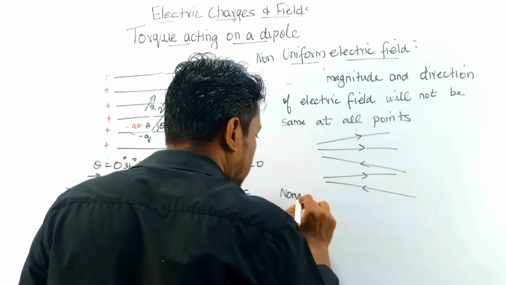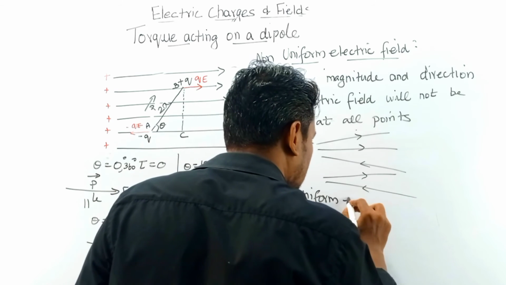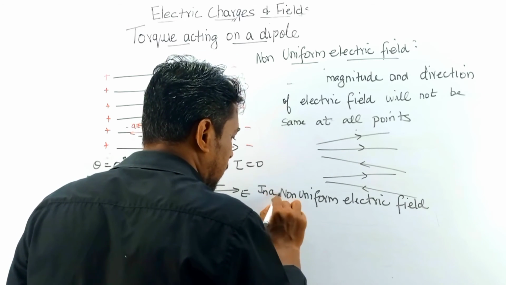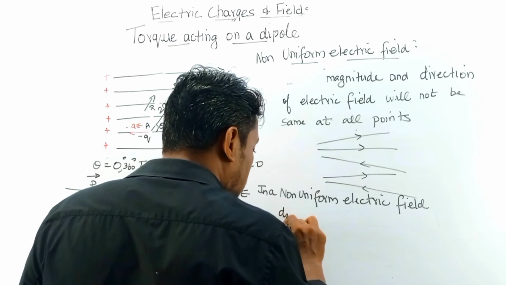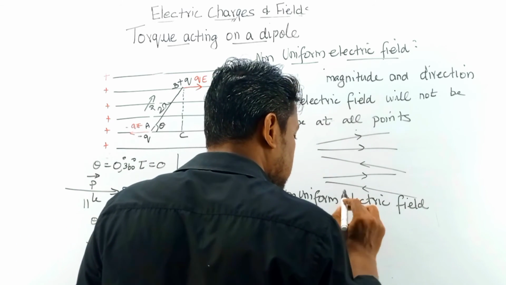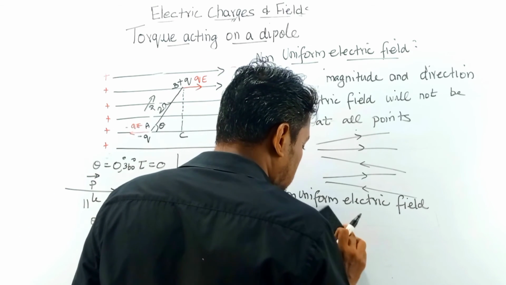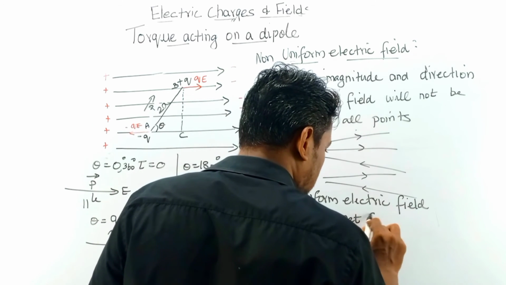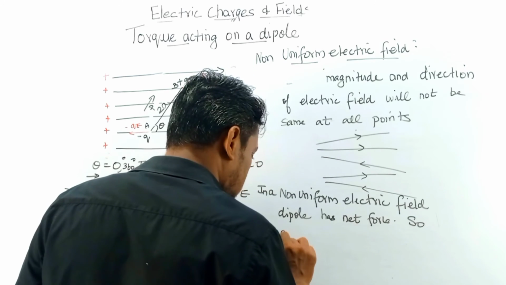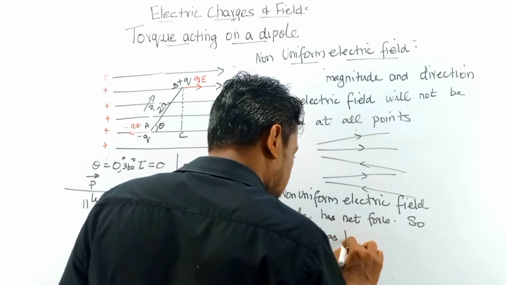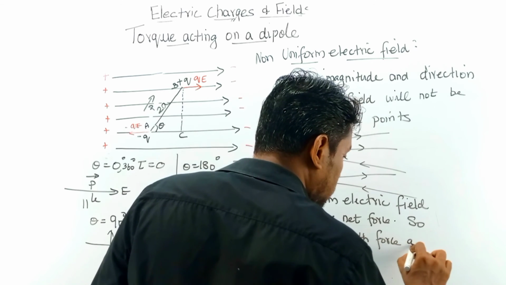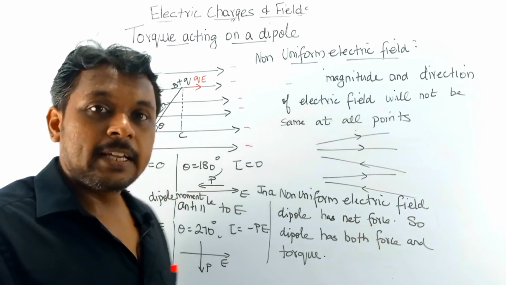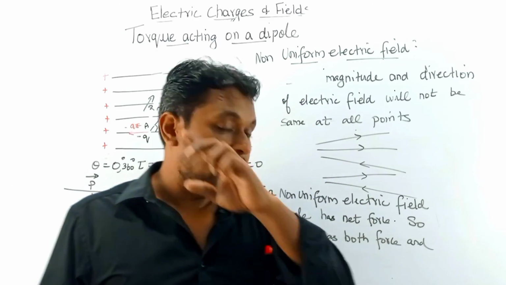In a non-uniform electric field, the dipole has both force and torque when we place it there.